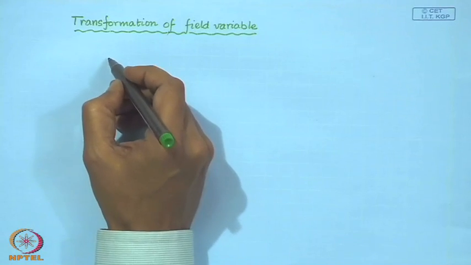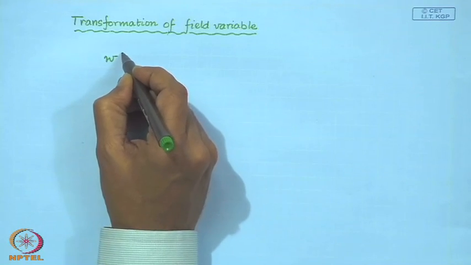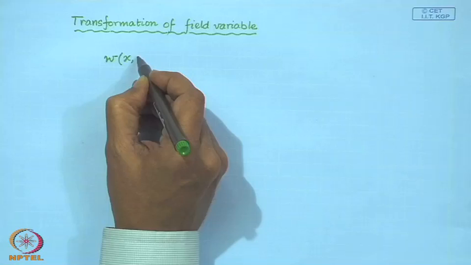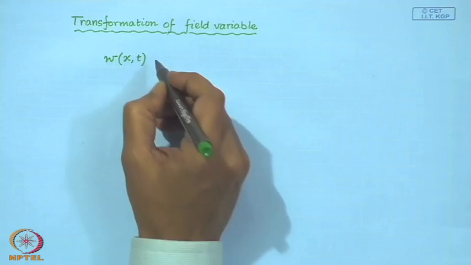So, let us look at this transformation. w(x,t) was our field variable.